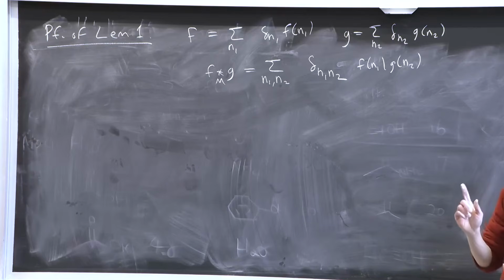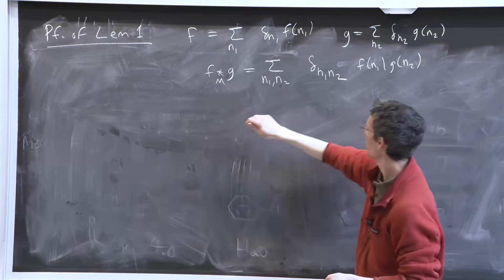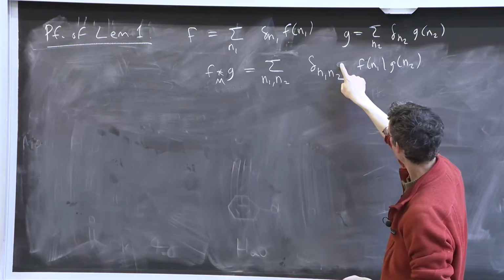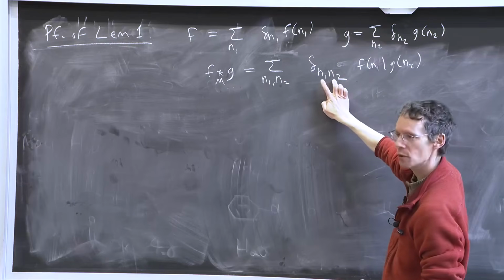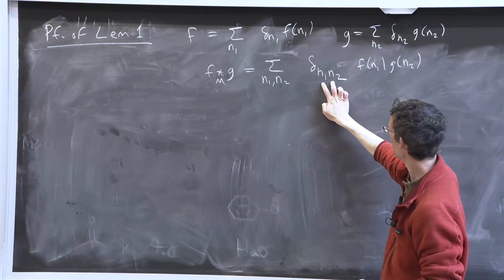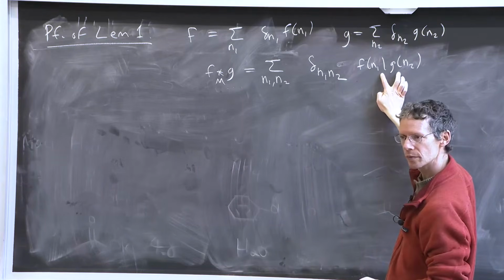OK, let's check that this is the same definition as before. If I want to evaluate this at a point n, it only appears if n1 times n2 is n. So I'm summing over pairs n1, n2 that multiply to n, and I'm summing up f of n1, g of n2.